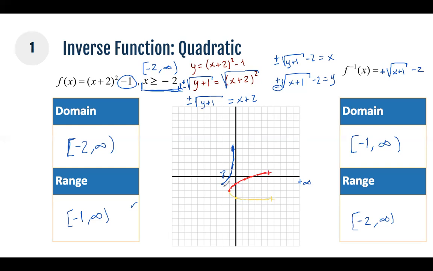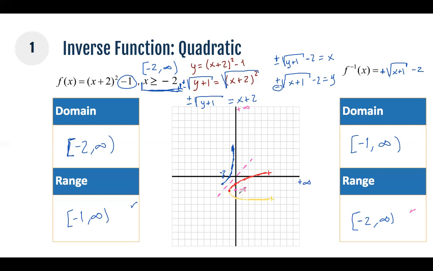And that doesn't quite make sense with the reflection of the graph over the imaginary line y equals x. And it wouldn't make sense with the range of the function, because the range is going from -2 to plus infinity, not from minus infinity to -2.